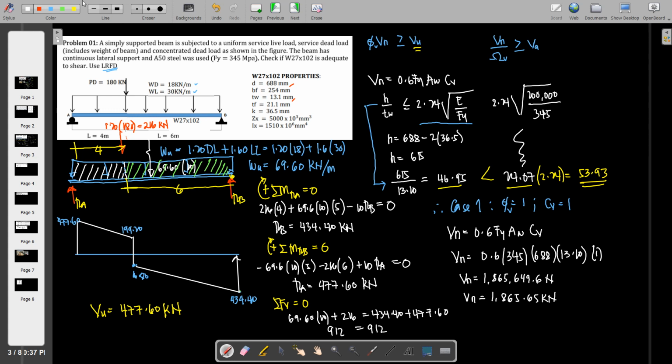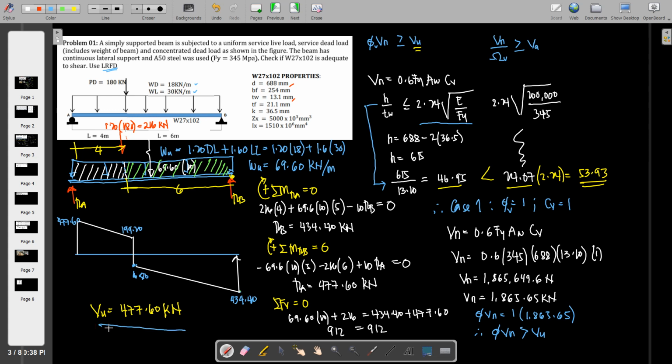Now phi Vn is equal to 1 times 1,865.65, no? So therefore, phi Vn here is greater than that of our Vu, which is actually this 477.6.